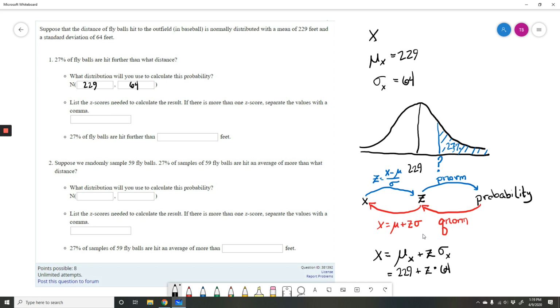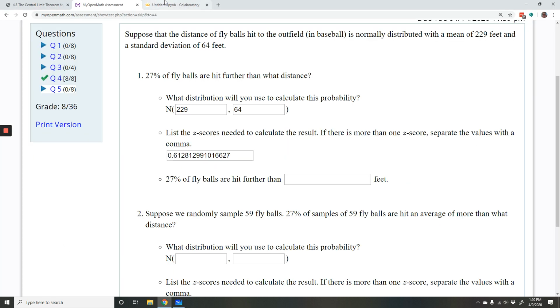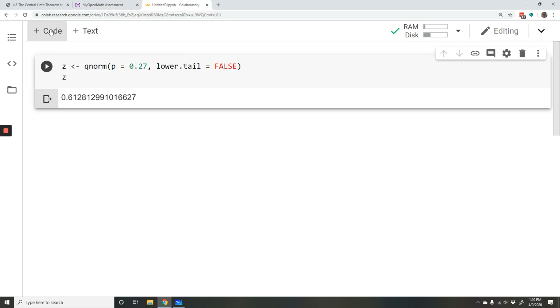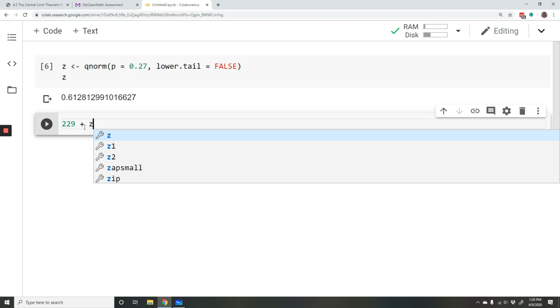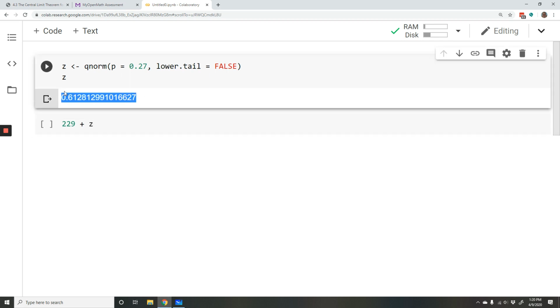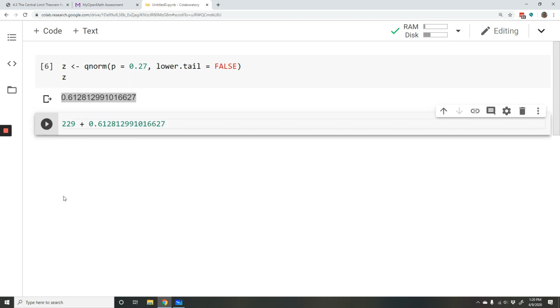So let's plug that into our notebook, and we'll have our answer for the last part of part 1. So mean of 229 plus our z-score. And since I stored it in the variable z, I could just type in z. If you want, you could copy and paste or put an approximation. But I think it's easier to follow if we just put z. Times our standard deviation, which was 64.